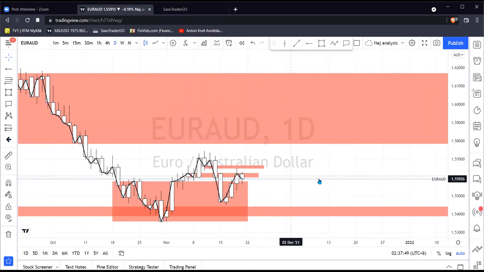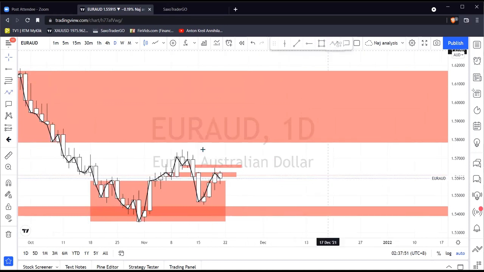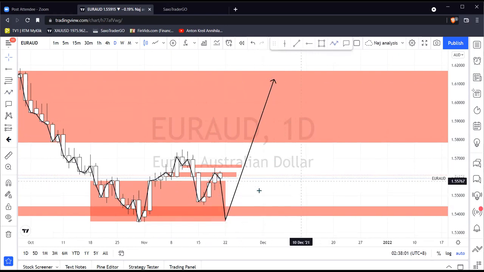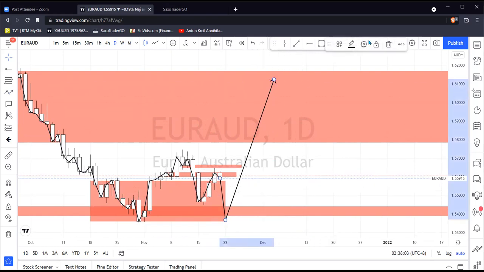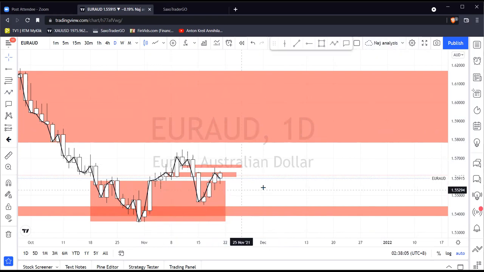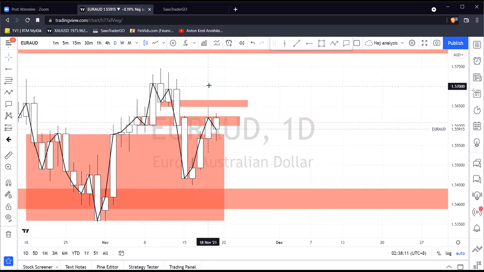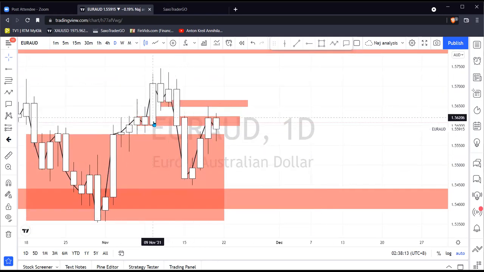So potentially it might go down for a while, probably until here, and fly up, because based on this daily breakout, there's 1 and 2.